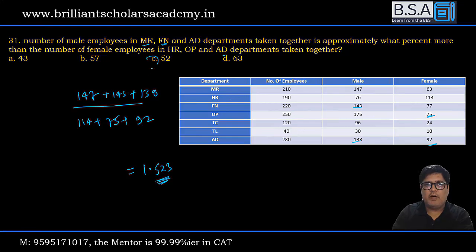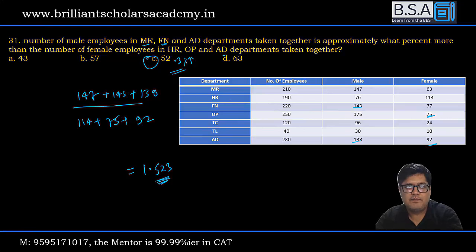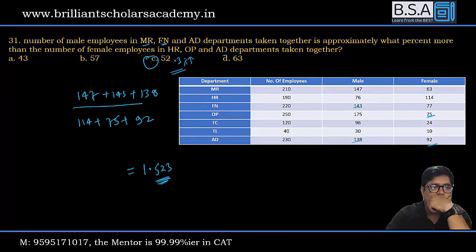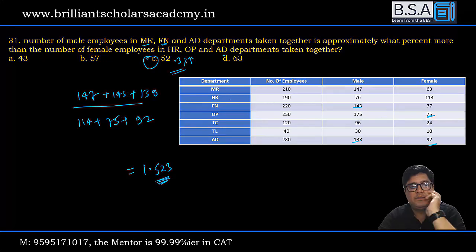So 52.3% more. 52.3 guys. Just check your plus minus. 52, yes. 52.31%. Yes. 52.3 value, percentage increase.